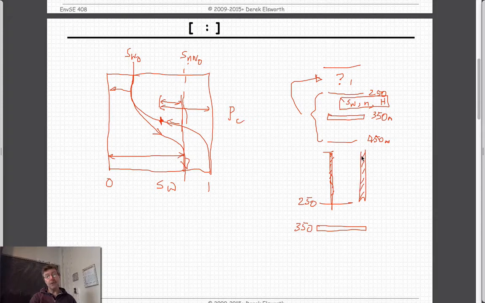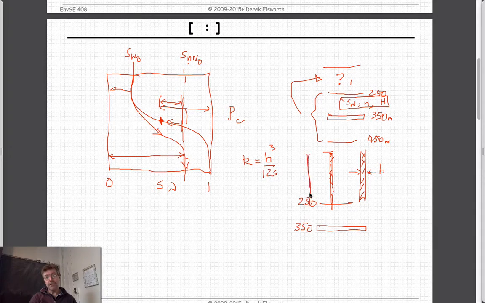And then the other question, I haven't looked at it very carefully, is to know whether the size of these fractures, which you can relate to the permeability, and the spacing between fractures.